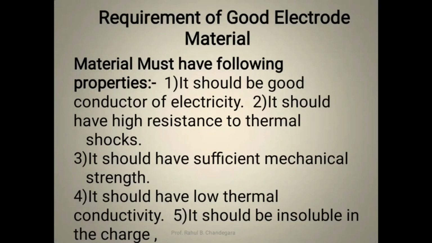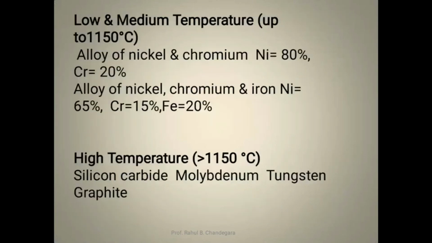Requirements of good heating element material: the material must have the following properties. It should be a good conductor of electricity, it should have high resistance to thermal shocks, it should have sufficient mechanical strength so it will not bend, it should have low thermal conductivity, and it should be inert to the charge.